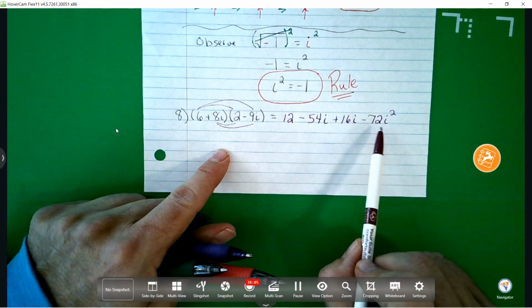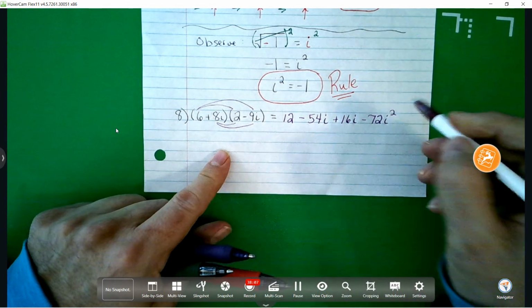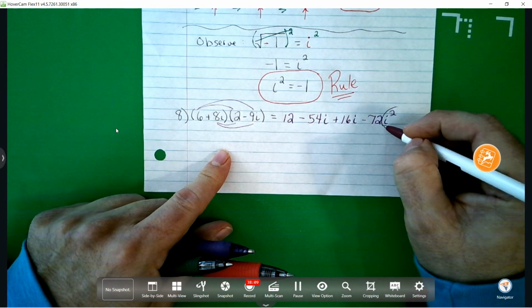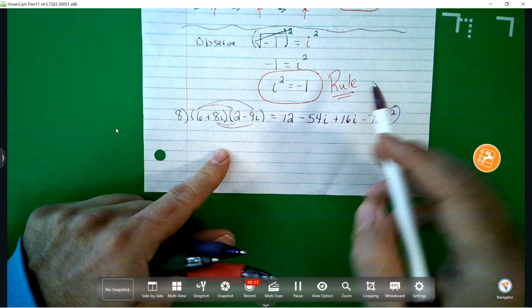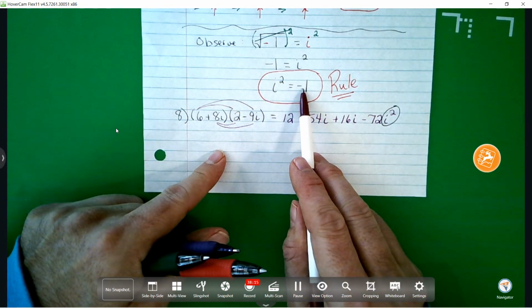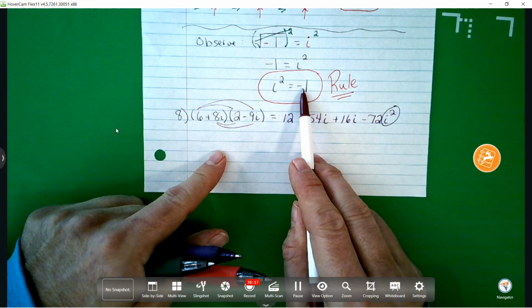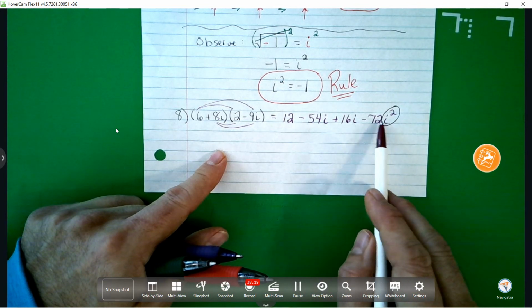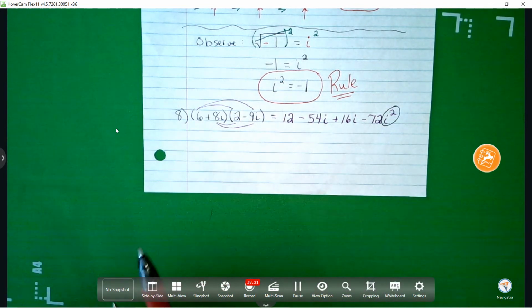Before you combine the like terms now, you're going to have to do something. Every time you see an i squared, you should replace it with a negative 1. So what's that going to do to this negative 72?